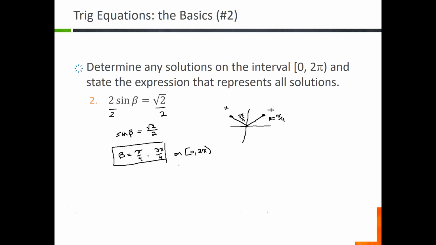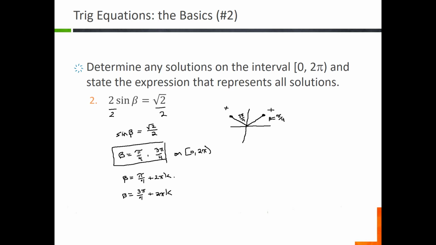So how do we express the fact that there are infinitely many answers? Again, we're going to take each of these and add in that little extra expression. So we have beta is equal to pi over 4 plus 2 pi k. And we're going to have a second expression: beta is equal to 3 pi over 4 plus 2 pi k.